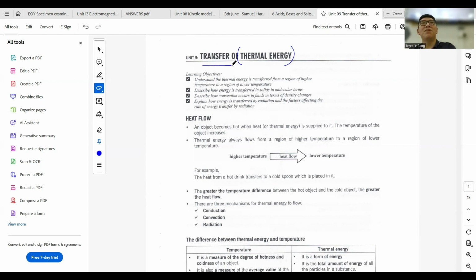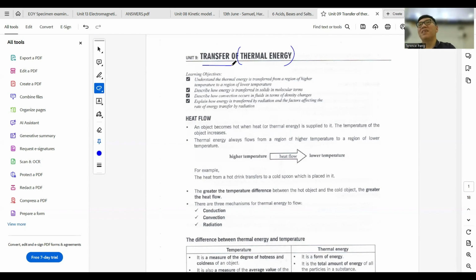And how does it work? What are the keywords in your mind that you should be thinking about if you have gone through Sec 2 science? Conduction, radiation. So how are you losing heat by conduction?